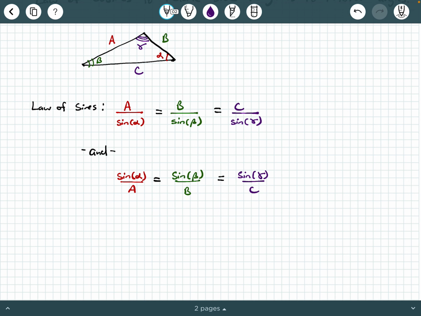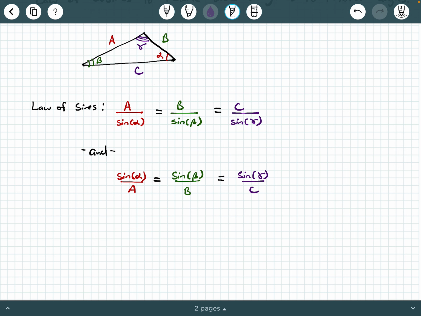Remember, the word reciprocal means one over something. Both of these relationships are equally valid, okay? And again, I just did the color coding for convenience, so you can see how these sides and opposite angles are related to each other. So basically, if you have some of these pieces of information, you can solve for some of the other pieces of information, all within this non-right triangle.